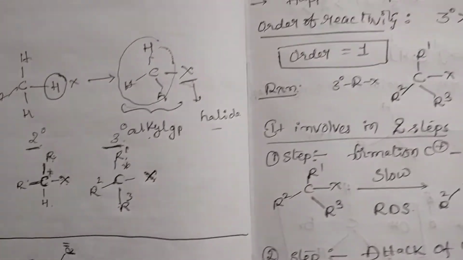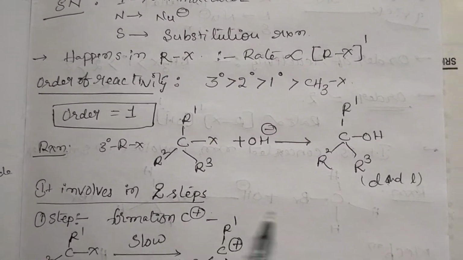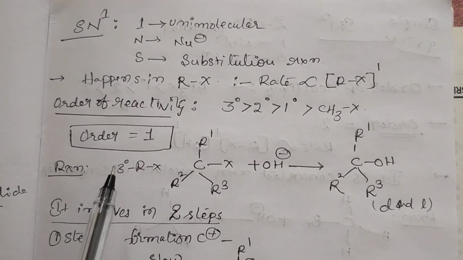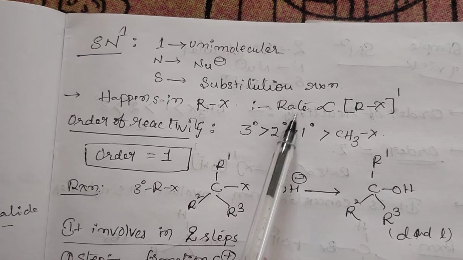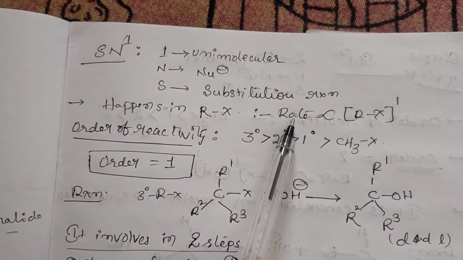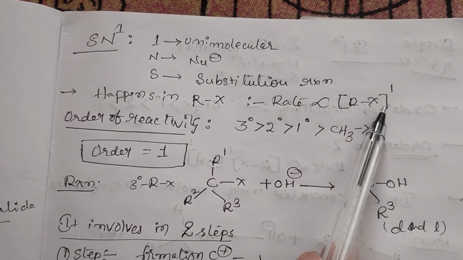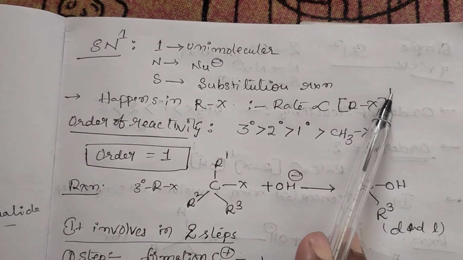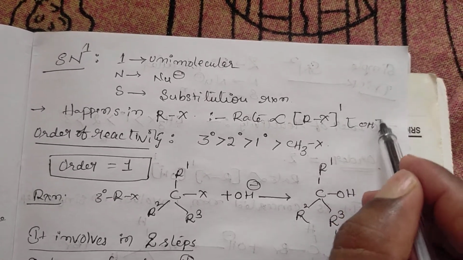When coming to our SN1 reaction, the rate of the reaction is directly proportional to only the concentration of the alkyl halide, but not on the nucleophile OH minus.